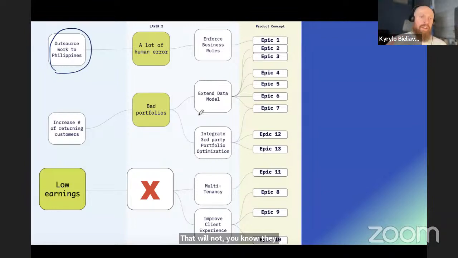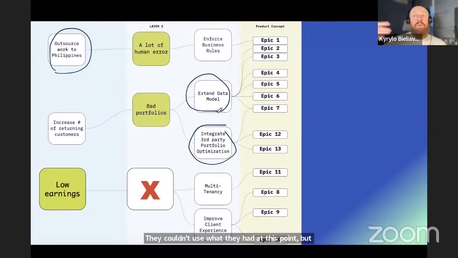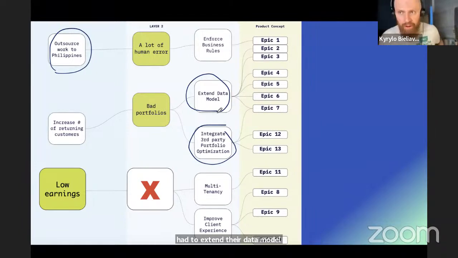Then they were also evaluating a third-party solution, a portfolio optimization solution, to make sure that they would create much better portfolios. But for that, they needed much more extended data models. They couldn't use what they had at this point, so we had to extend their data model further.